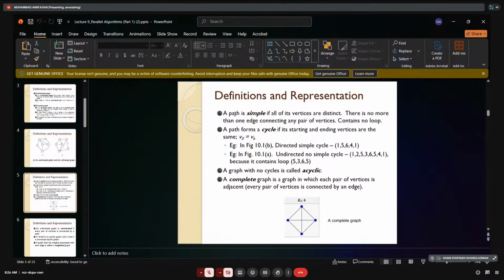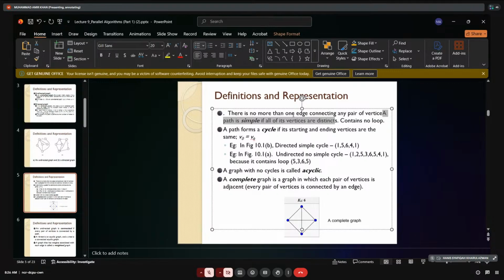Here you can see a path is simple if all of its vertices are distinct. There is no more than one edge connecting any pair of vertices. It contains no loop. If you have multiple paths, we call it a loop.